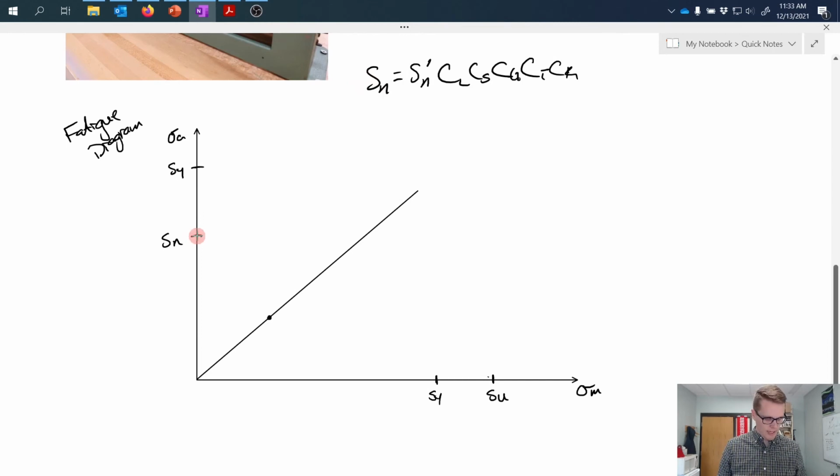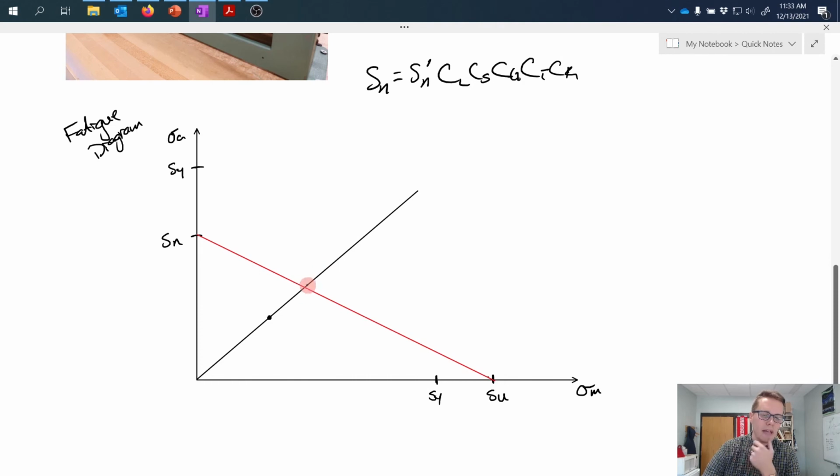And the Goodman line says that you take the endurance limit on the alternating axis and you connect that line to the ultimate strength. And this gives us a limit that prevents us from increasing our load any further.